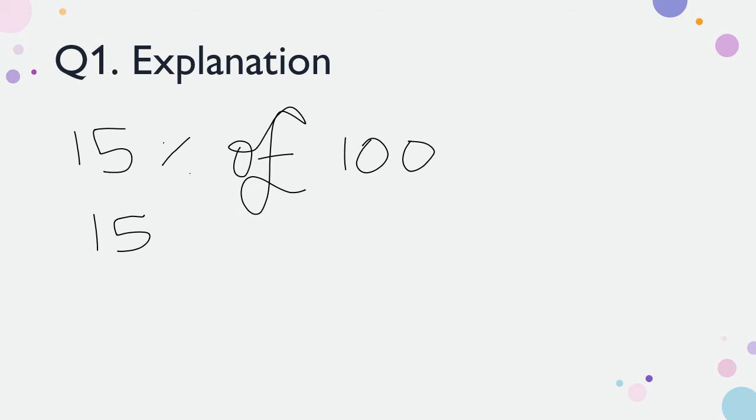However, it's just an ounce of common sense. 15% is 15 over 100, and it's just 15% of 100. So that answer would be 15. Not much explaining to do there, but if I wanted to explain it, it would be 15 over 100 of 100 equals 15.